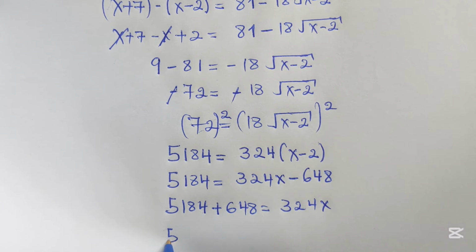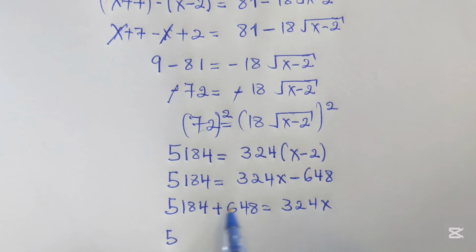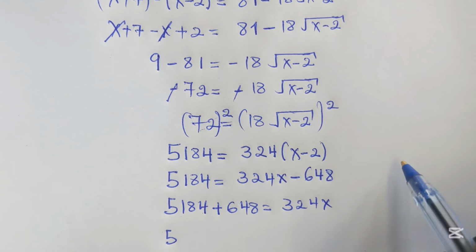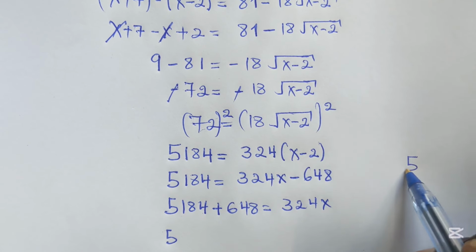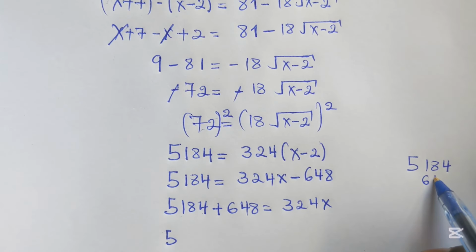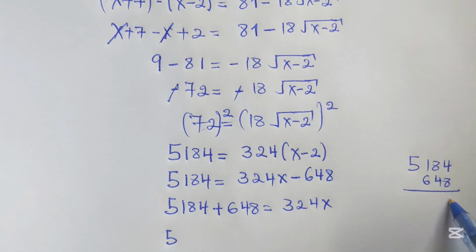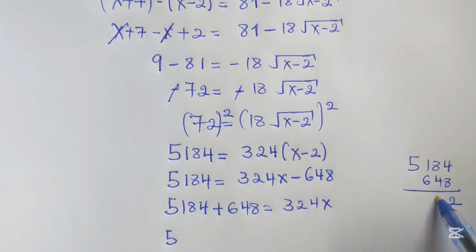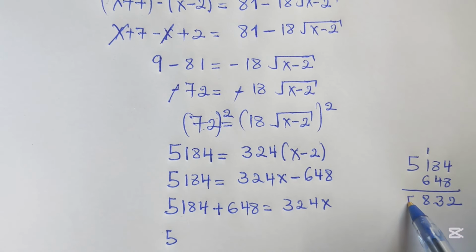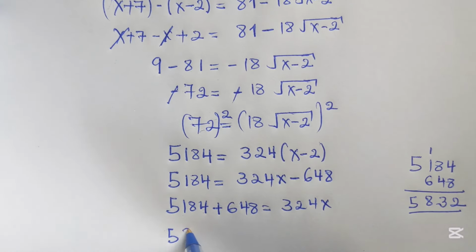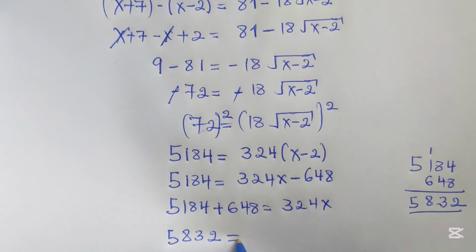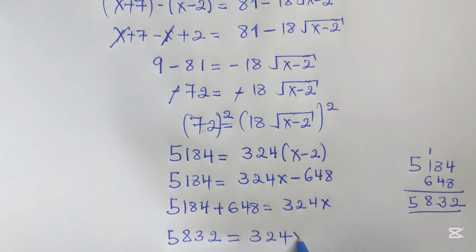Then 5184 plus 648 gives 5832, which equals 324x.